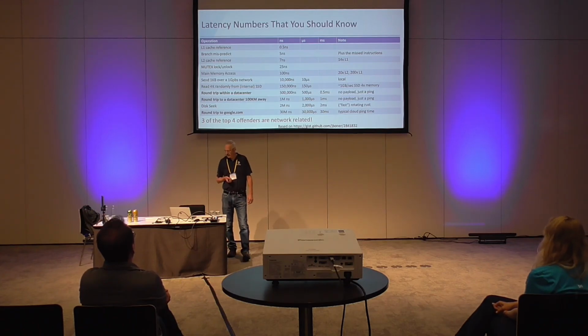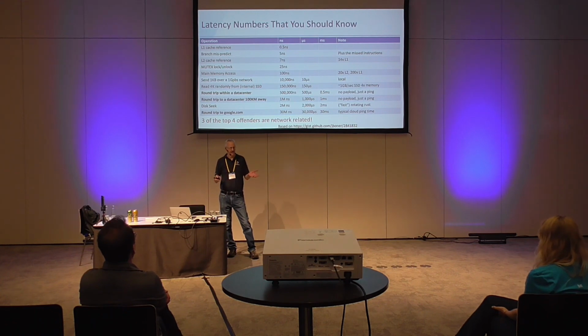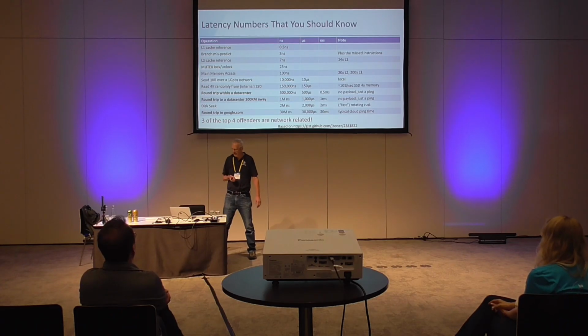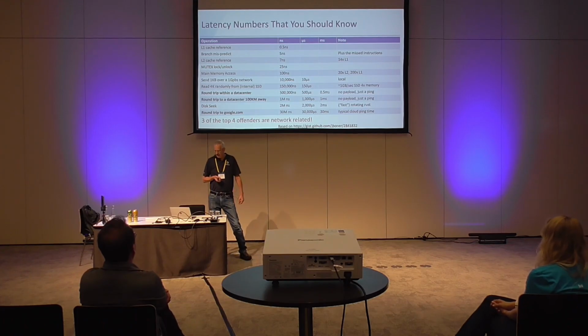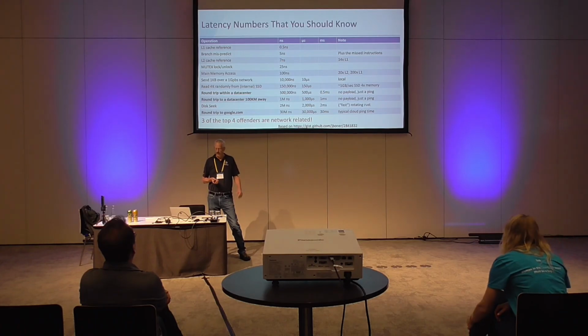Other things that happen, things like a branch mispredict. Processors these days try to do things ahead of time and in parallel, but when they make a mistake, you have a cost for that. If it guesses wrong about the next instruction, that's going to cost you about 5 nanoseconds, give or take. They're all a little bit different, but in that neighborhood. If you have to go from the L1 cache to the L2 cache, you're still not in main memory.